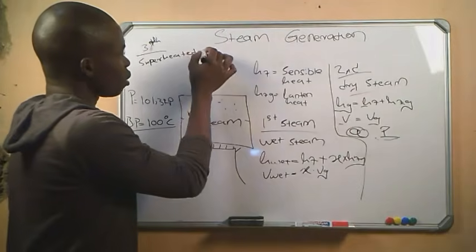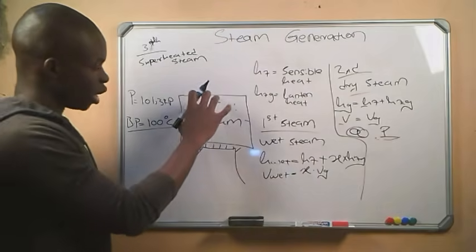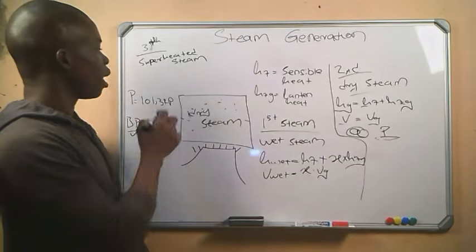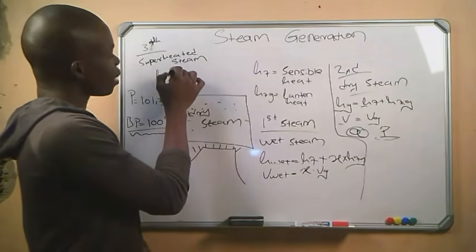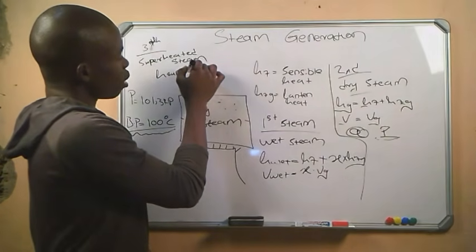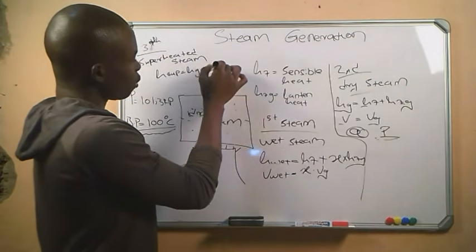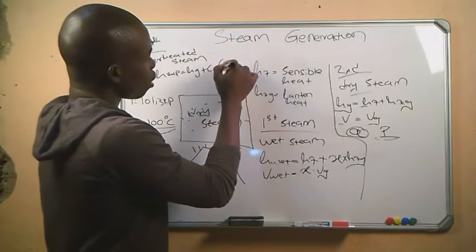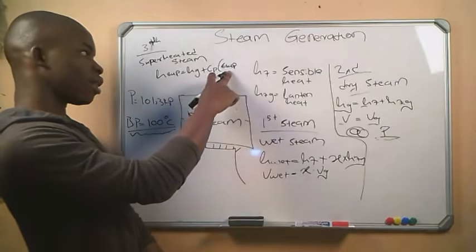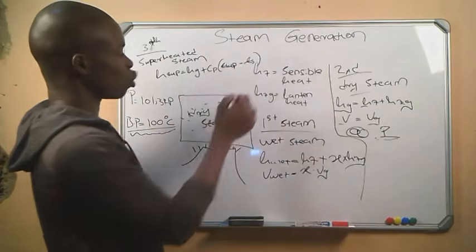superheated steam, will have a higher temperature than this one, and its enthalpy, H sup, is given by Hg plus Cp times (T sup minus Ts). T sup is the final temperature of the superheated steam, and Ts is the saturation temperature.